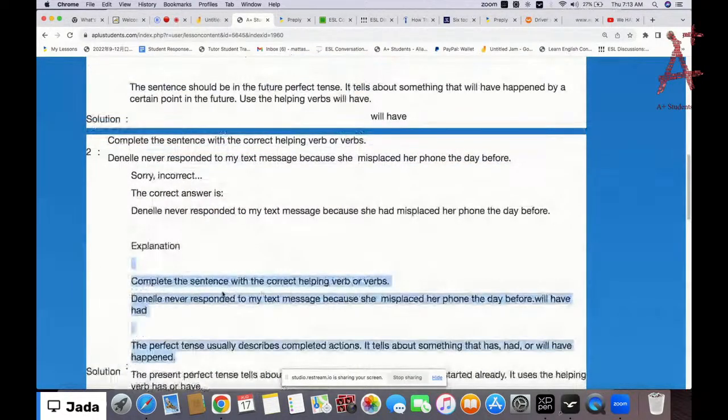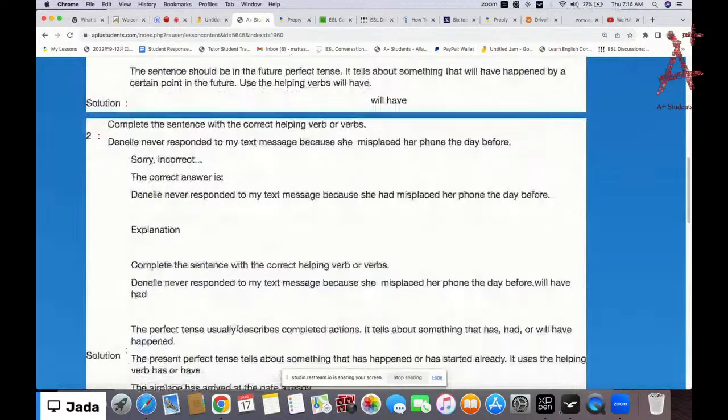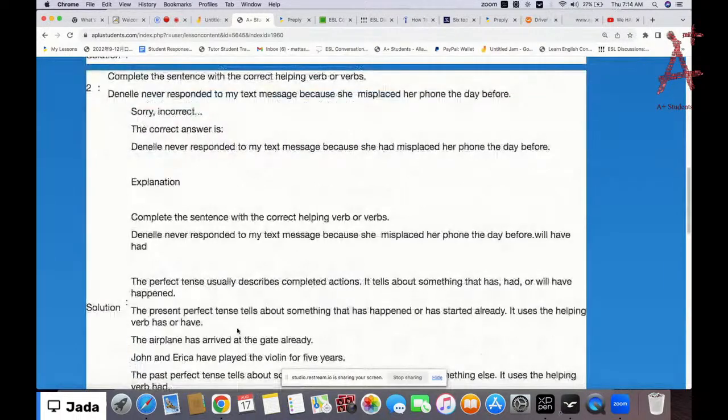Okay, so we have, complete the sentence with the correct helping verb or verbs. Danielle never responded to my text message because she dash misplaced her phone the day before.